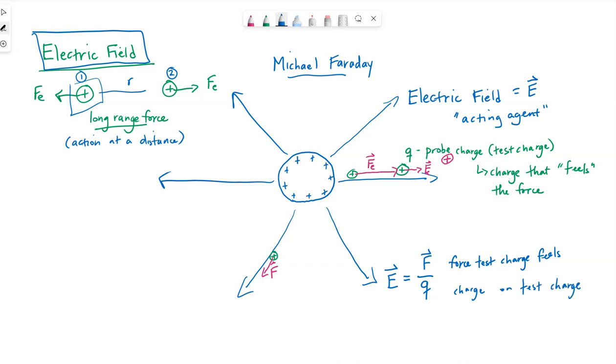So our author is calling it a probe charge because it's almost as if this is an electric field probe. We know there's an electric field at a location if we place a charge there and that charge experiences an electric force. Okay? And so the electric field describes just how this charge that's creating the electric field is influencing the region of space around it.